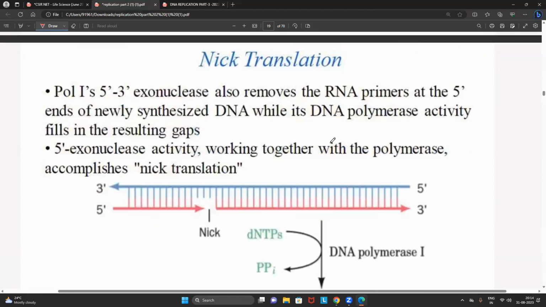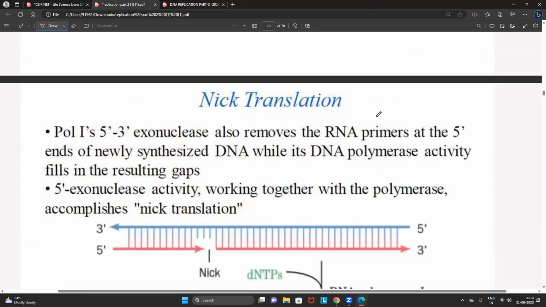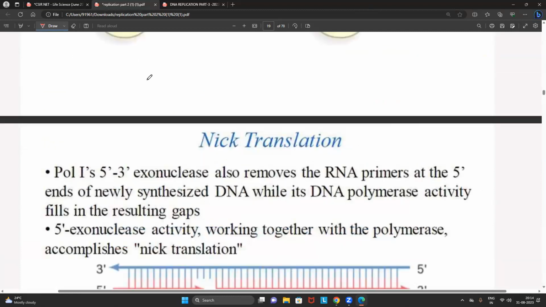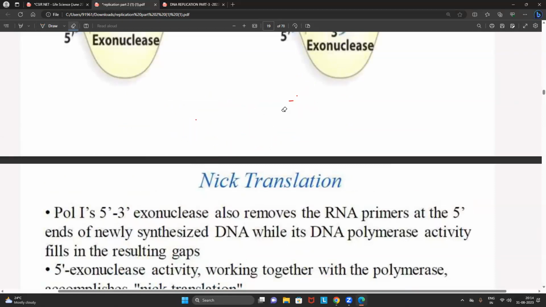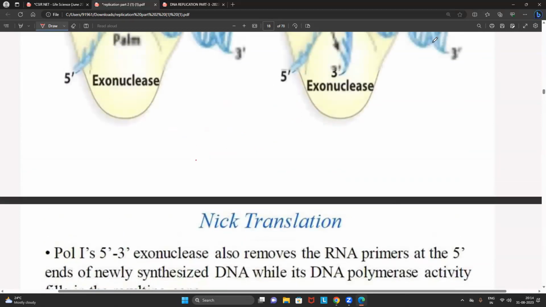Again, a question you can expect in the exam: which of the DNA polymerase enzymes is involved in nick translation? That is also DNA polymerase 1 only. First of all, what is nick translation?